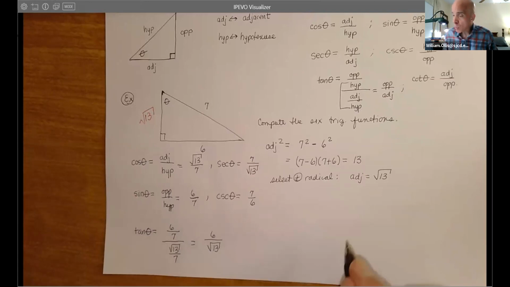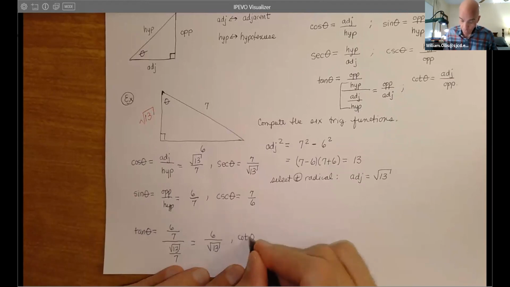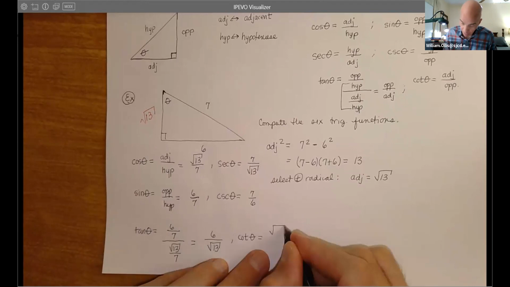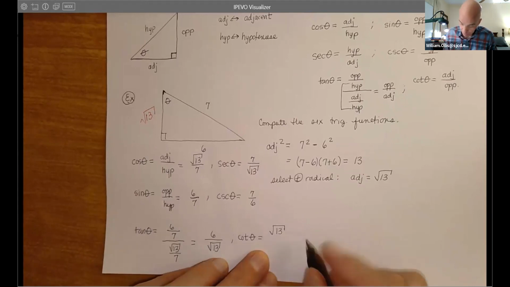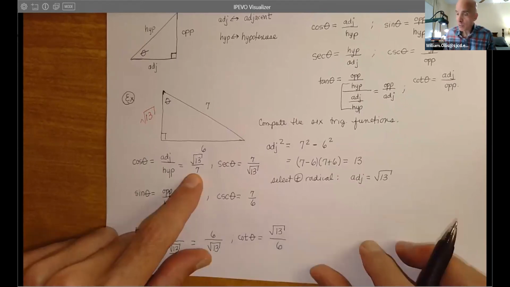Now the last one we need is cotangent. Cotangent of theta will just be the reciprocal of the tangent, using the same rule that we established for S1.